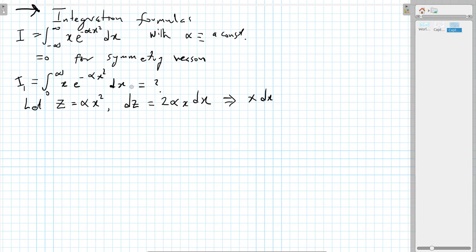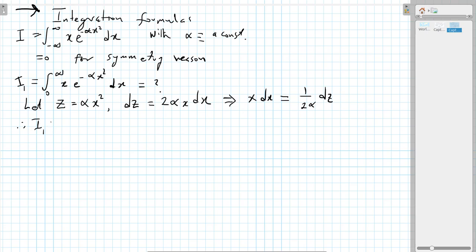So we have x dx here. We write it in terms of dz. This is going to be 1 divided by 2 alpha dz. Okay, and you can see that when x is 0, z is going to be 0. When x is infinity, z is also going to be infinity.